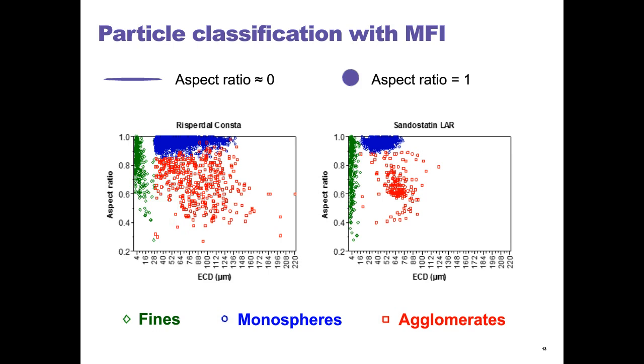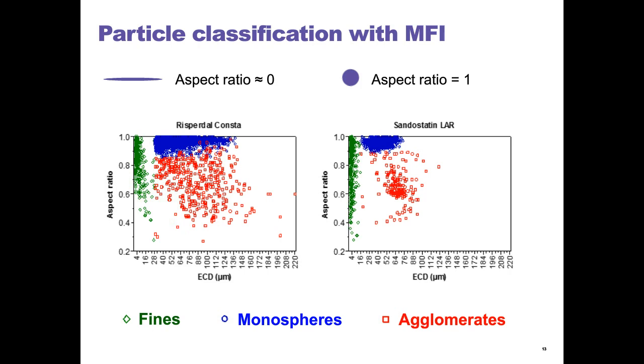The MFI analysis software can be used to prepare scatter plots depicting the aspect ratio of all particles in one measurement. The x-axis shows the ECD, or equivalent circular diameter, which is the particle diameter that is reported by MFI.